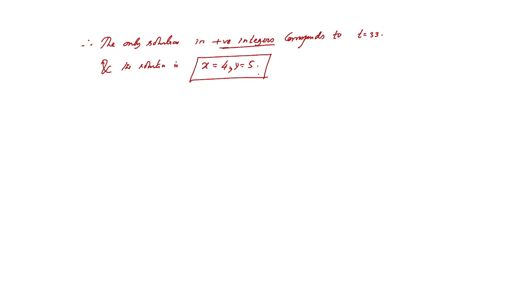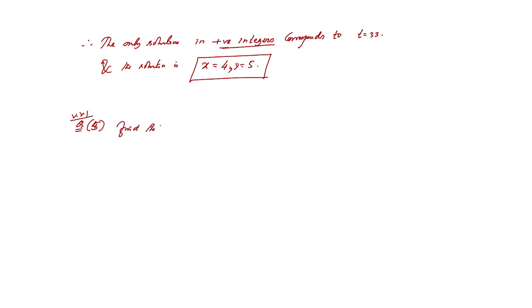Now in a similar way, we can calculate the next problem. Next problem: find the general solution in positive integers. So this is problem number 5. This problem is also very, very important.